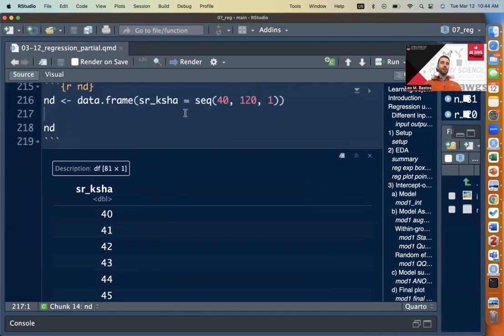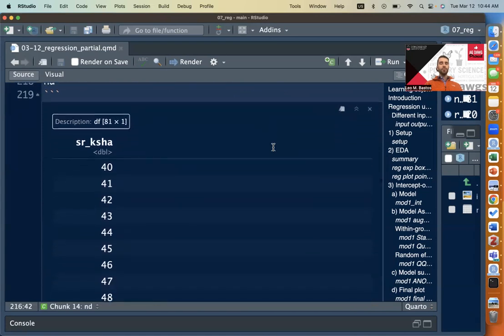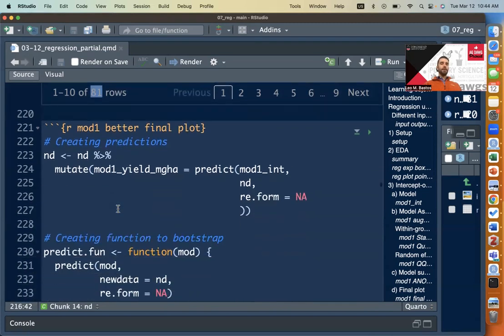So I'm asking from the lowest seeding rate level to the highest in increments of 1. This could be increments of 0.5 or 0.1 or whatever you wish, right? The smaller the increments, the more detailed a regression line you're going to be able to predict. I think 1 works well in this case. So that gives us 81 rows that we're making predictions for.